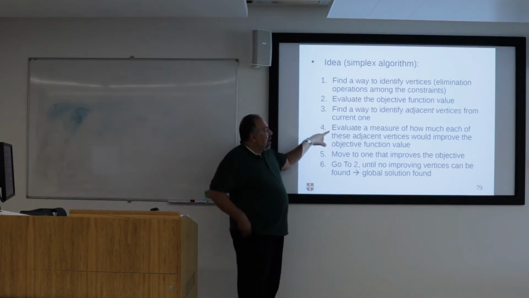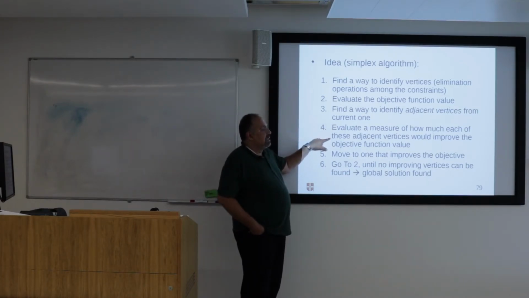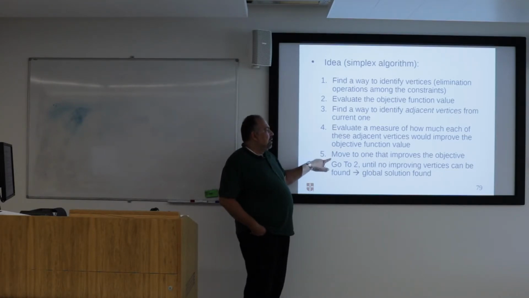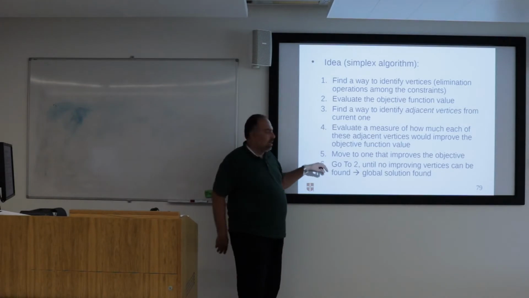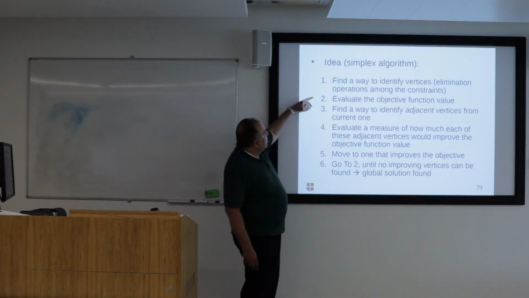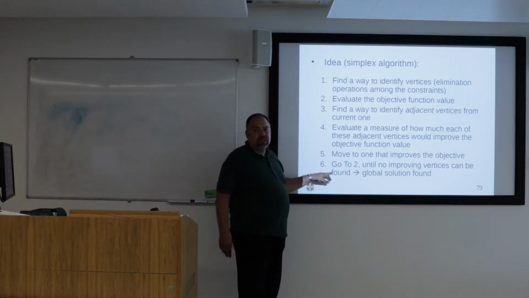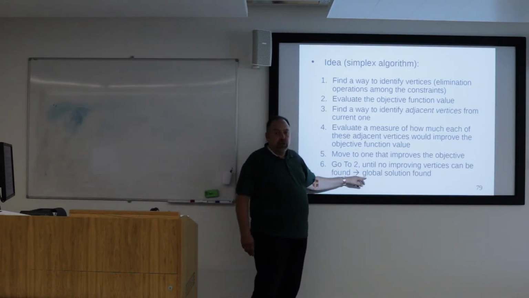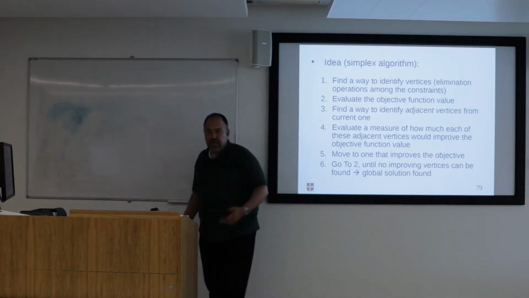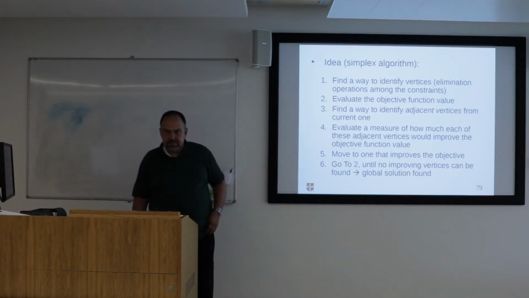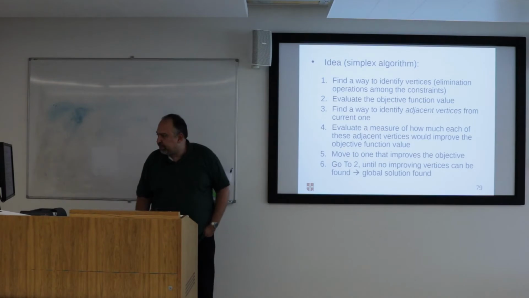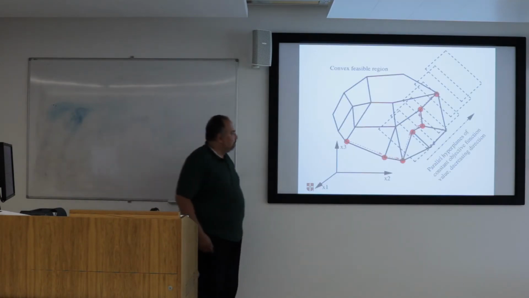Evaluate a measure of how much each of these adjacent vertices would improve the objective function, and move to the one that improves the objective, any one that improves it. Go to step number 2, which is evaluate the objective, until no improving vertices can be found, at which point you have a proof of the optimal solution. It's the global solution. So this is how it works.